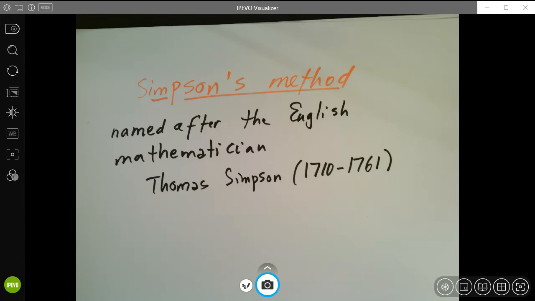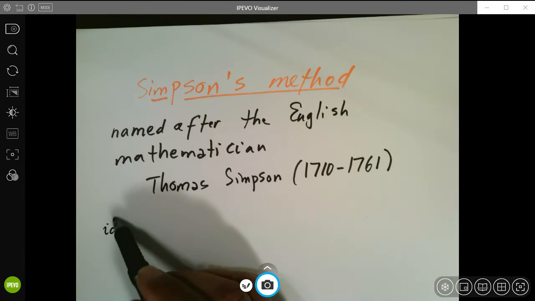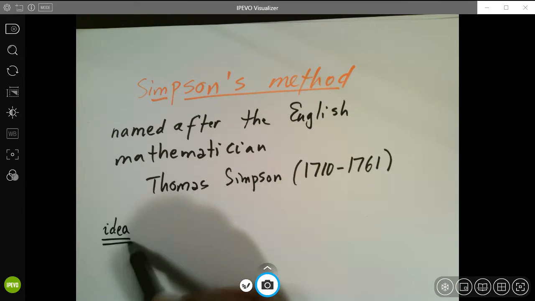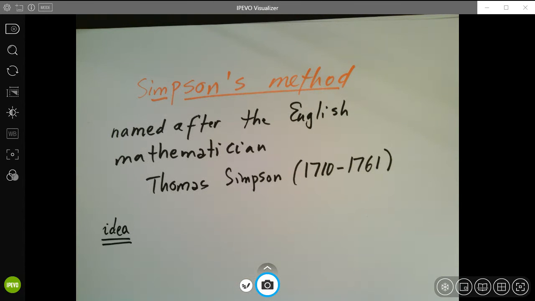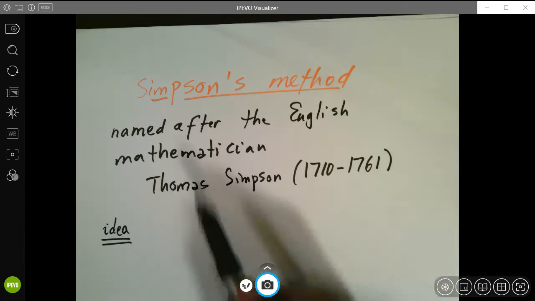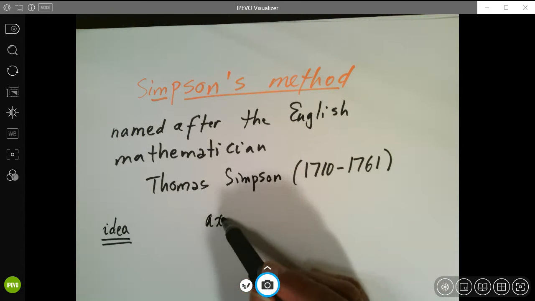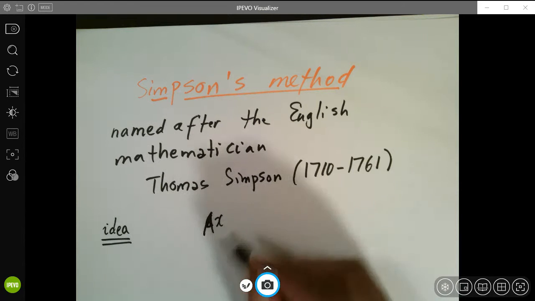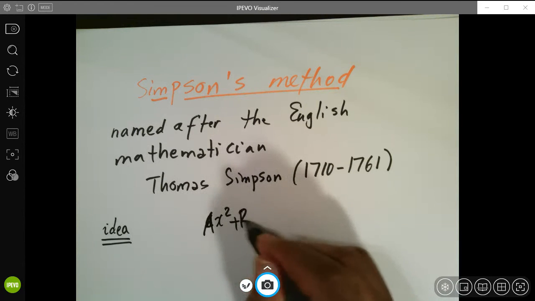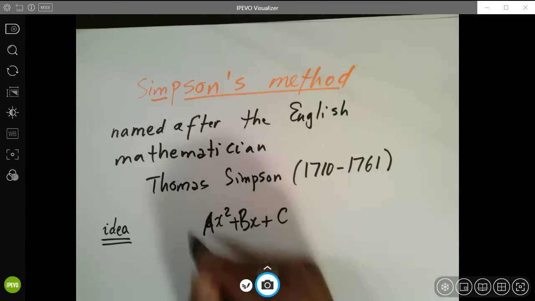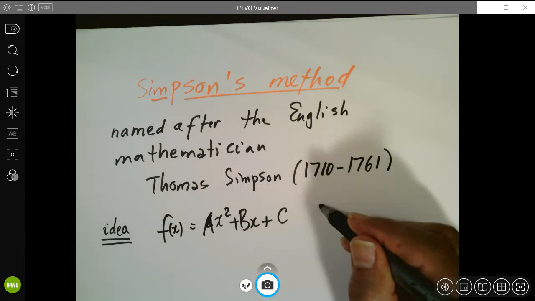Why this method actually? Where does this idea come from? The idea comes from the following. If you take a polynomial of the form ax squared plus bx plus c, just imagine this is a second degree polynomial, or quadratic.